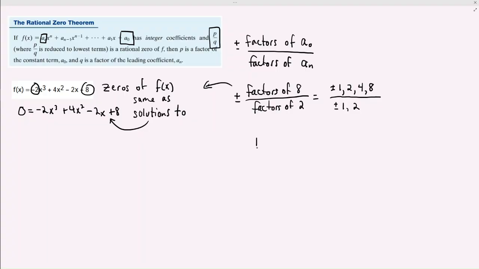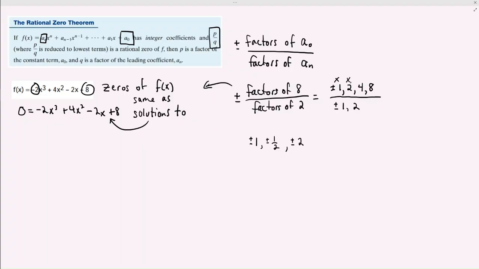So if I put the 1 over the 1, I get plus and minus 1. If I put the 1 over the 2, I get plus and minus 1/2. Okay, so we've taken care of 1 on top. If I put the 2 over the 1, I've added a new one, plus and minus 2. And if I put the 2 over the 2, that's the same as the 1, so we won't add that again.